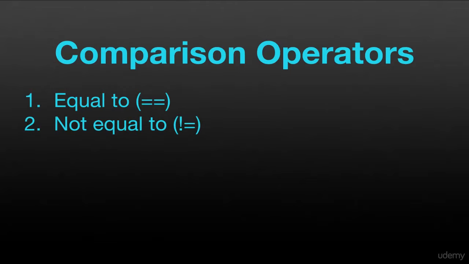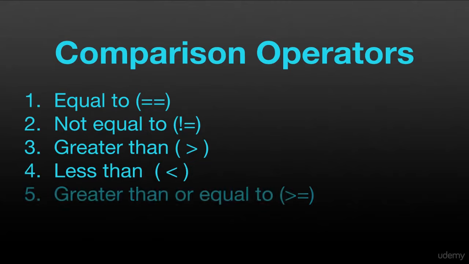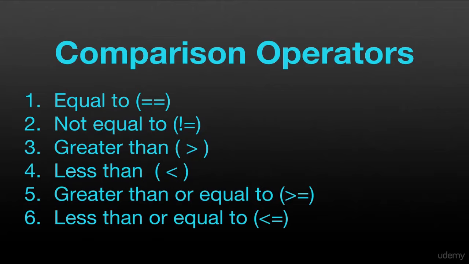Notice there's the exclamation mark and the equal sign, so that means not equal to. We have greater than, less than, greater than or equal to, and less than or equal to. These are the main comparison operators we are going to be learning about in this video.